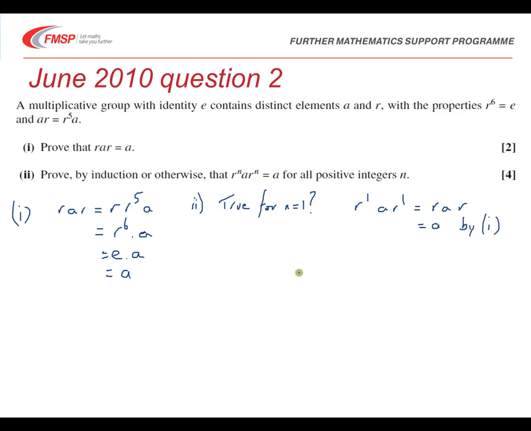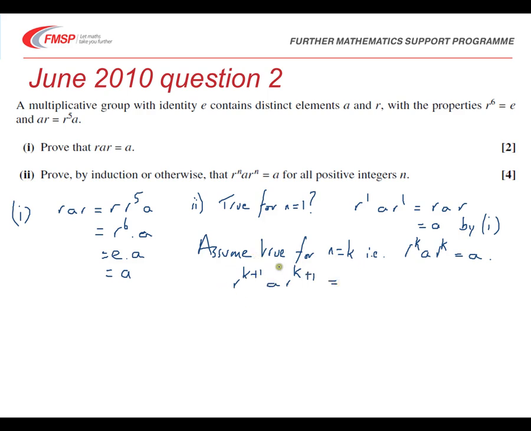We've already proved that. Then, in my standard way of writing out induction, I'm going to say assume it's true for n equals k. In other words, R^k A R^k does equal A. And then I'm going to look at R^(k+1) A R^(k+1).